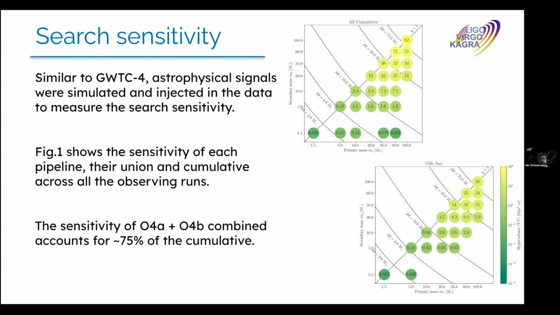But if we take only the O4b run, this number goes down to 26. But if we take the sensitivity of O4a plus O4b combined, we will account for 75%. So the sensitivity is getting bigger and bigger.